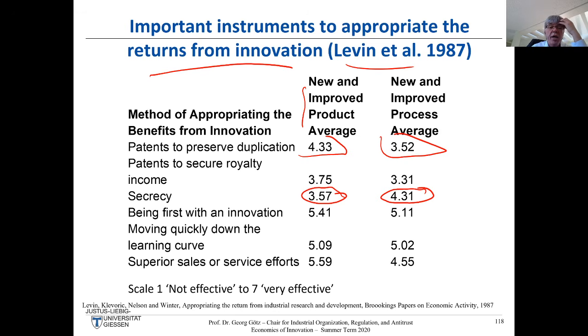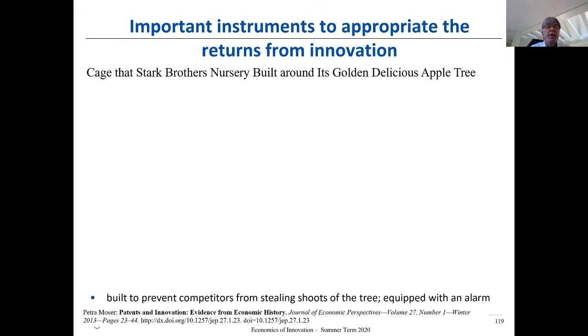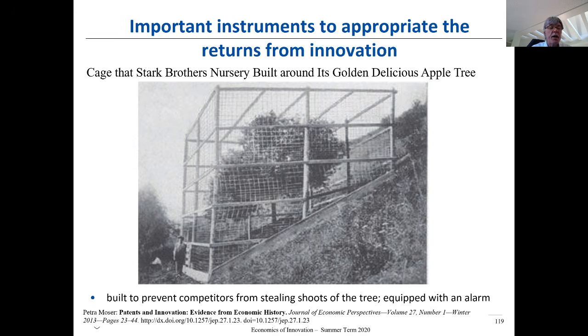Okay, and you might also use just another instrument to learn that. I will get back to that again. Here is just a very nice example from a paper by Petra Moser. Here you see an important instrument to appropriate the return from innovation. I don't know, maybe you know the golden delicious apple. This is such a green apple, a bit sweet, but okay. And obviously it was invented or produced.